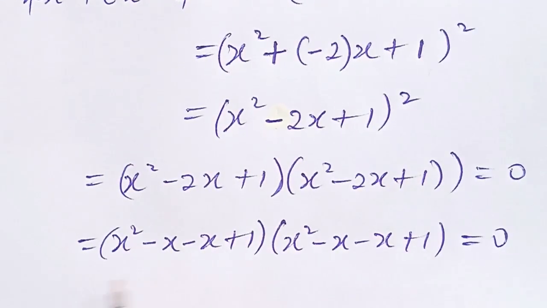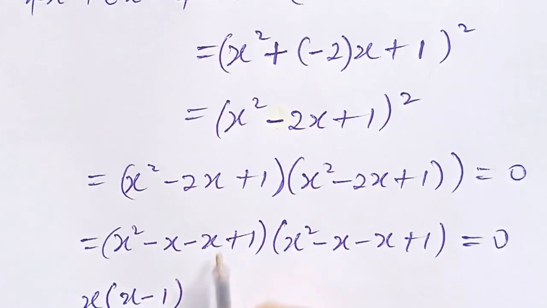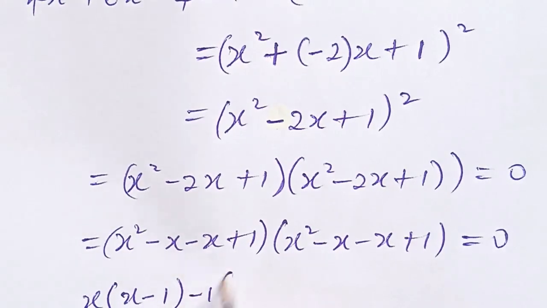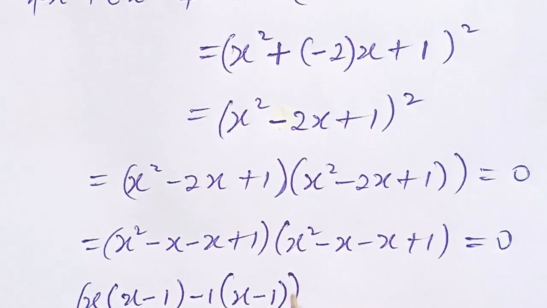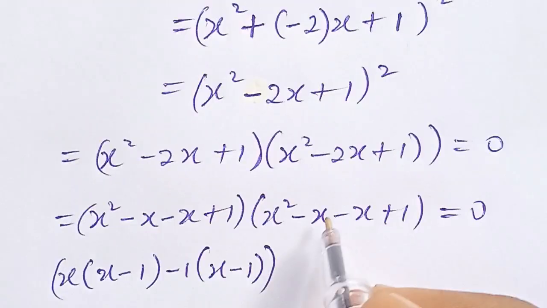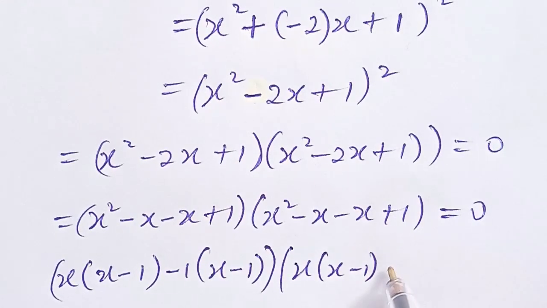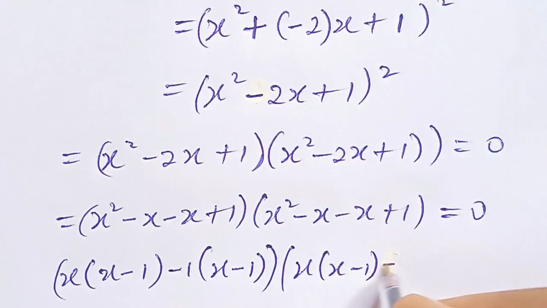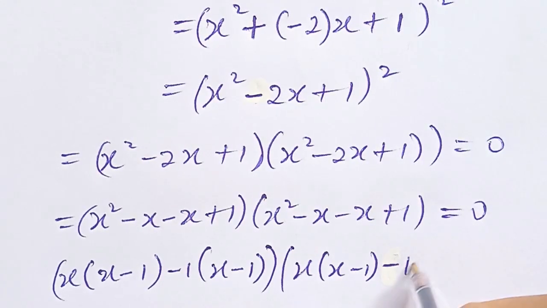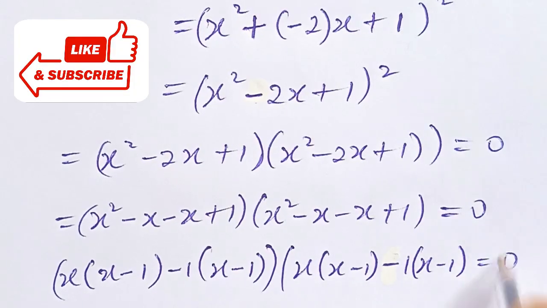So we have this to be written as x(x minus 1), then minus 1(x minus 1). For this part, we also have x(x minus 1), then minus 1(x minus 1), everything equal to 0.